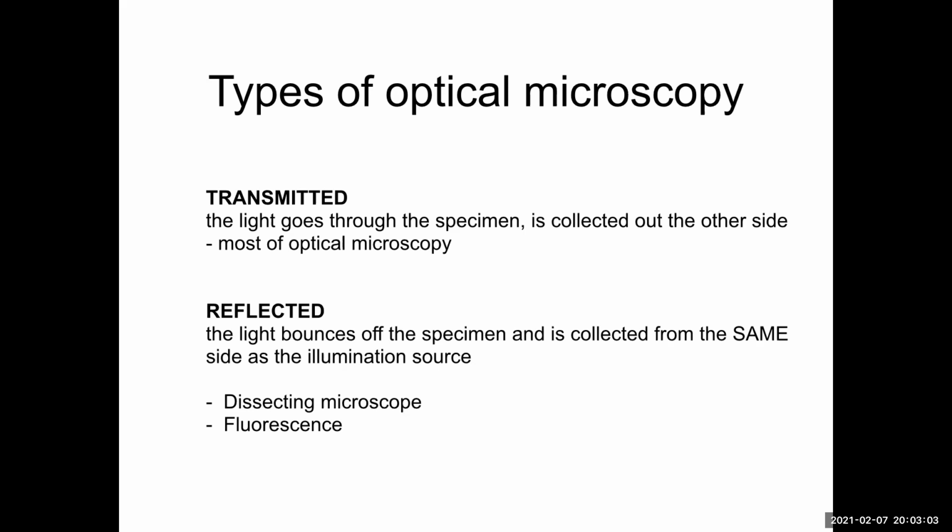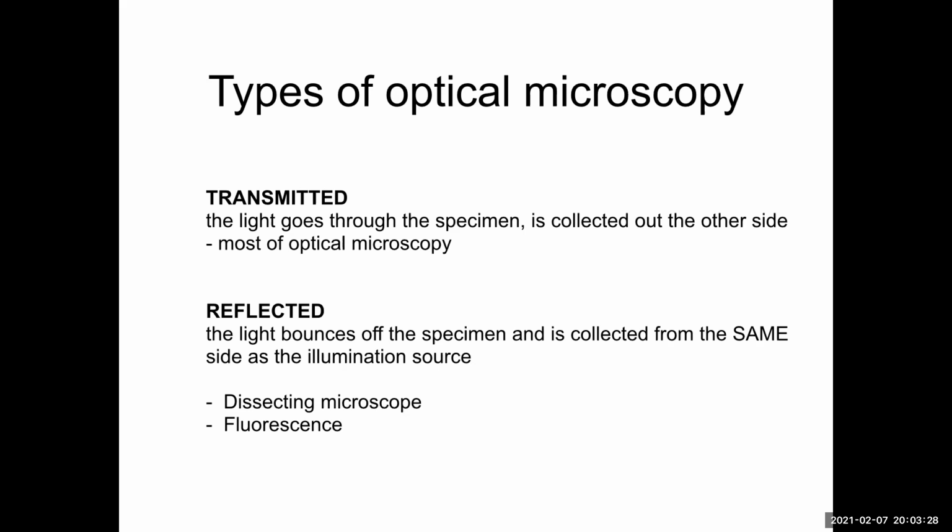However, instead of transmitting the light through, you can also choose to just reflect the light. In other words, have the light source on the same side as your sensor, as whatever you're using to collect your image, which is a camera or a sensor. Sensor is just a larger word for any kind of camera.